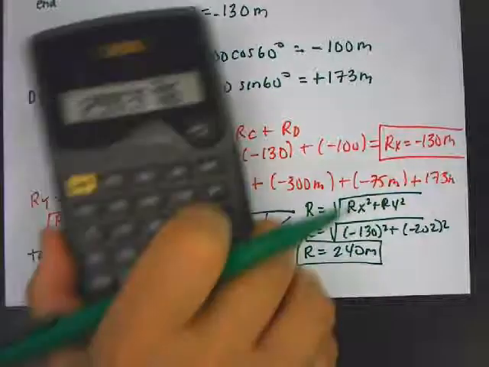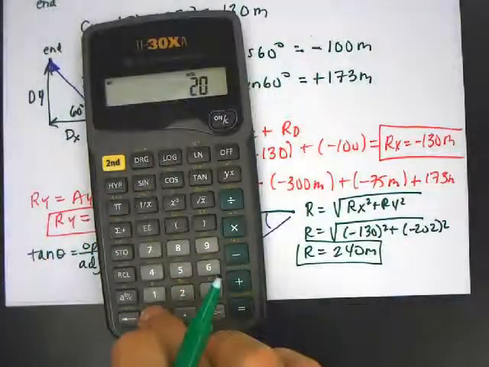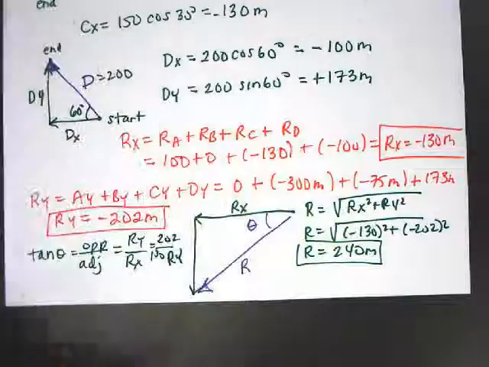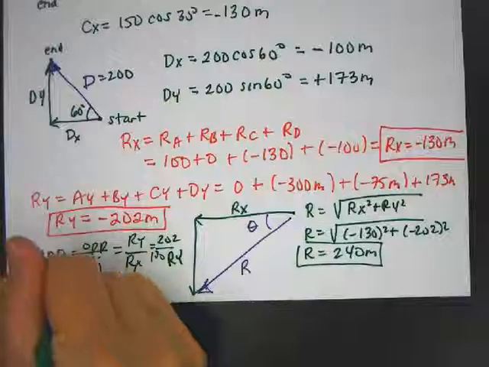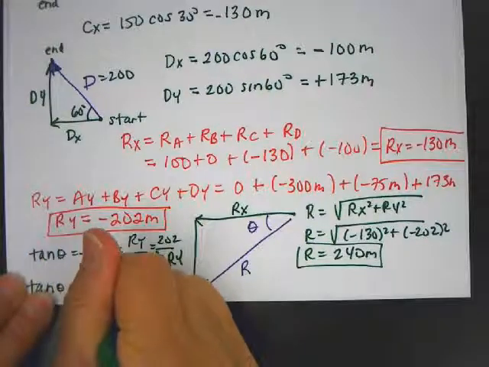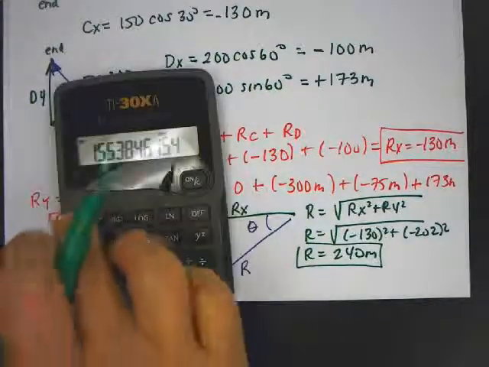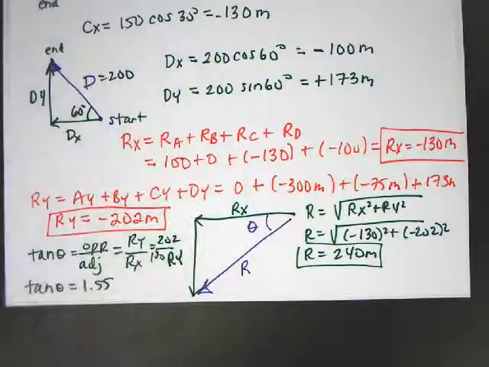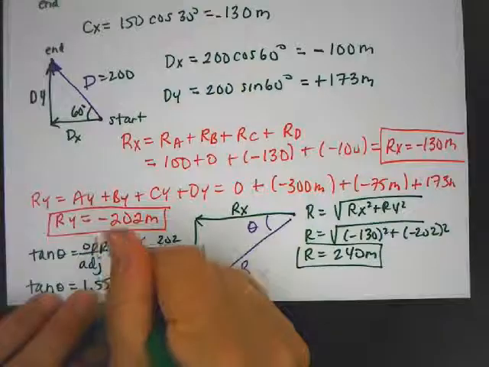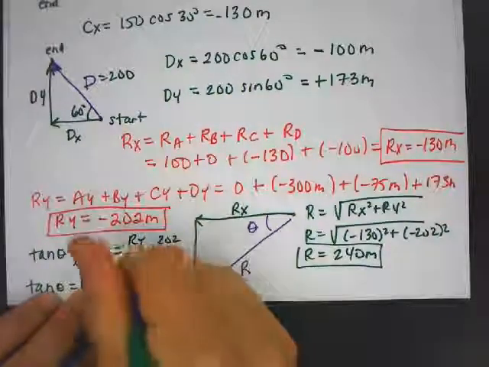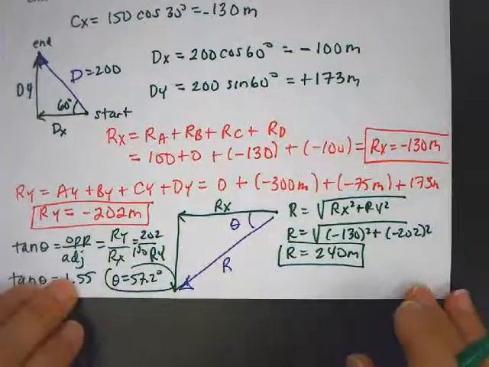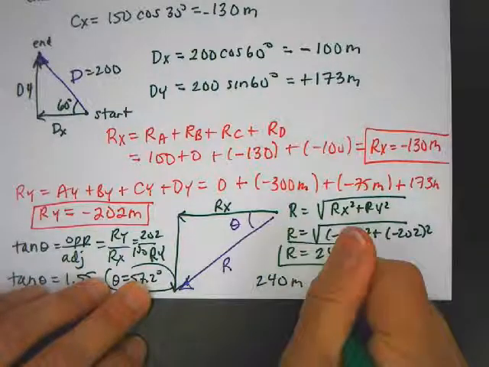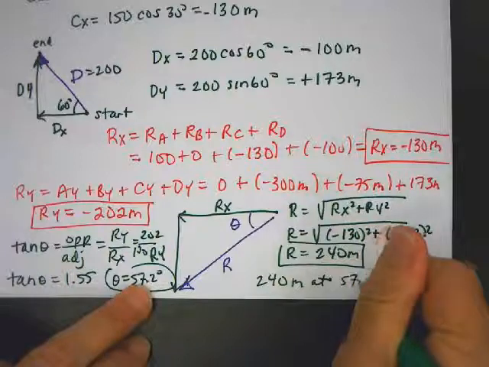So on my calculator, I go 202 divided by 130, and that comes out to be 1.55. But that's tan of theta. So now I press second tan, and my angle comes out to be 57.2 degrees. So then my final answer is going to be 240 meters at 57.2 degrees.